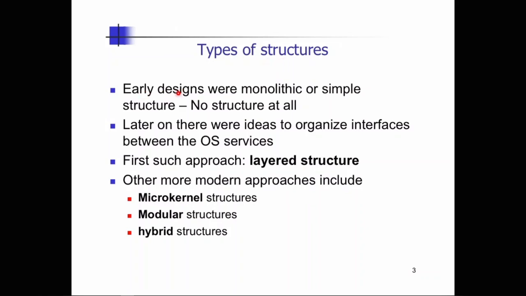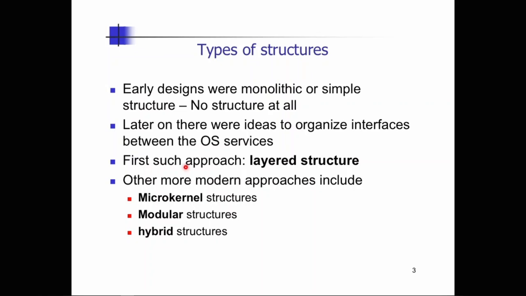The early designs were monolithic, meaning they were very simple structures, meaning there was no structure at all. Later on, there were ideas to organize interfaces between the operating system services. By having interfaces between services, we can get some sort of a structure or organization that will help us design the operating system better.